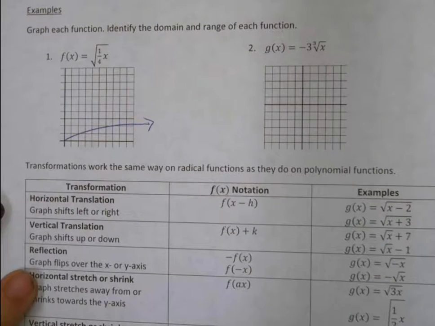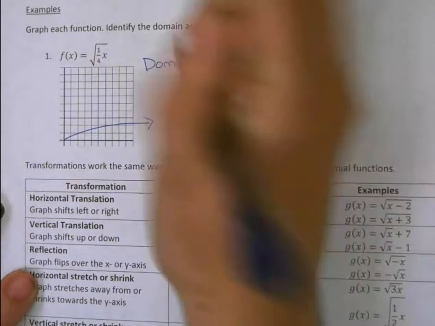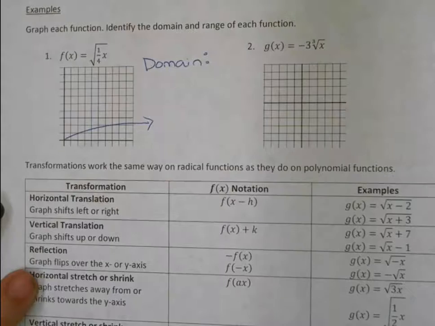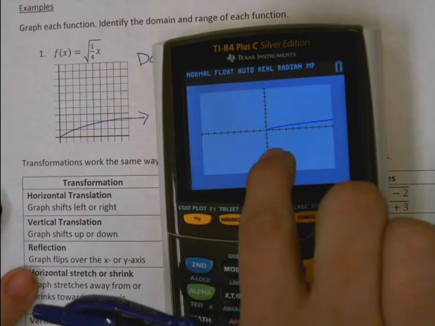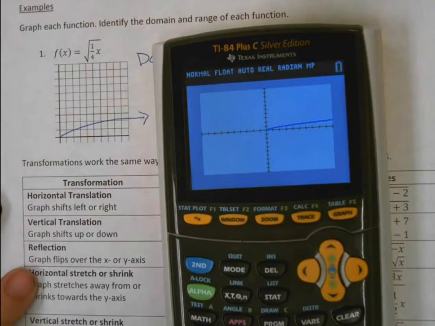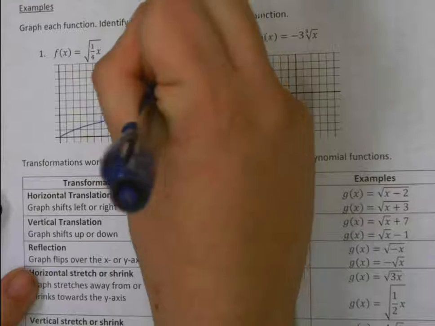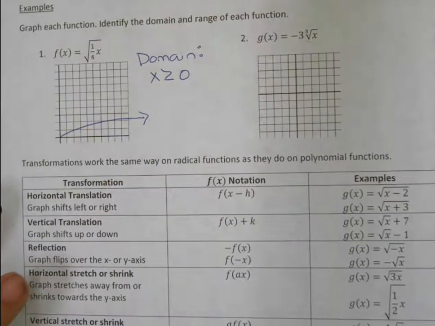Okay, it wants me to say the domain and range. What is my domain here? No. Because if I look back at the calculator, past the y-axis, it doesn't have any values. So it starts at 0. So my domain is x is greater than or equal to 0, because it can be 0. Because remember, we can't plug in negative numbers into square roots, because they turn imaginary.